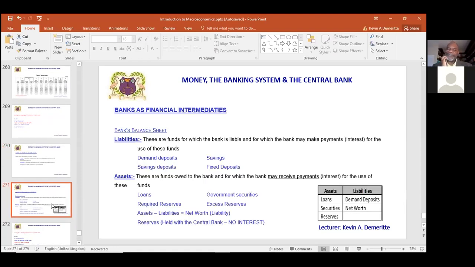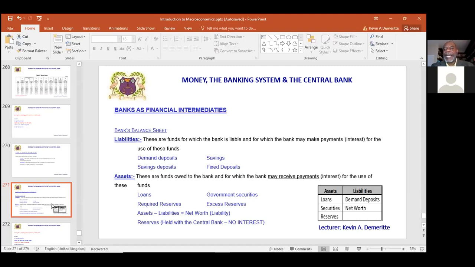Fine. A typical bank's balance sheet. A lot more complicated, but we're boiling it down to its essence. Assets and liabilities. If you've done any accounting classes, then you know two sides of any balance sheet.